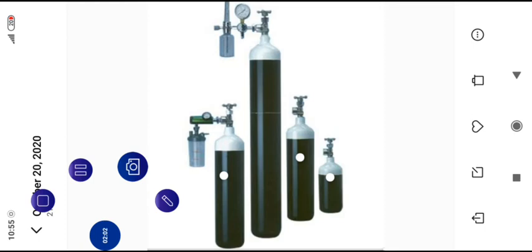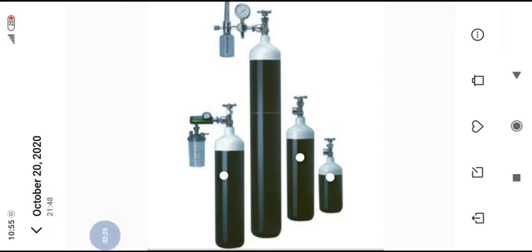For example, oxygen supplies. Assume the shortage of oxygen supplies can adversely affect the functioning of the business organization or hospital, right? So when we speak about a vital item in the business organization, the oxygen cylinder is very vital for the hospital, that is, oxygen supplies.